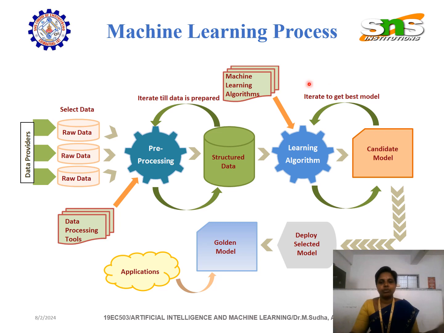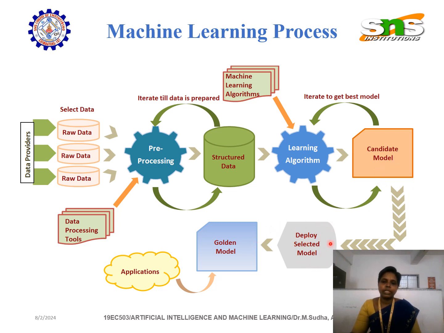So it will do the process vice versa. From the learning algorithm, we will check using one learning algorithm. If the output is optimized, then it will be fine. If it is not optimized, then we will do the optimization process, that is the iteration process, to get the best model. Once the candidate model is the best, it will move to the deployment of the selected model.